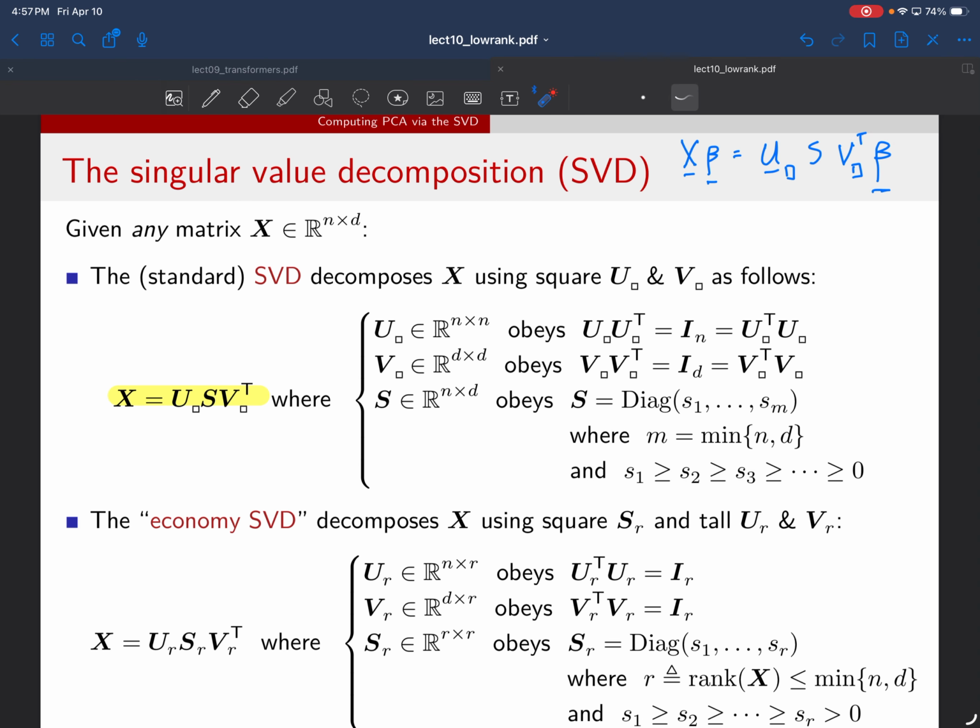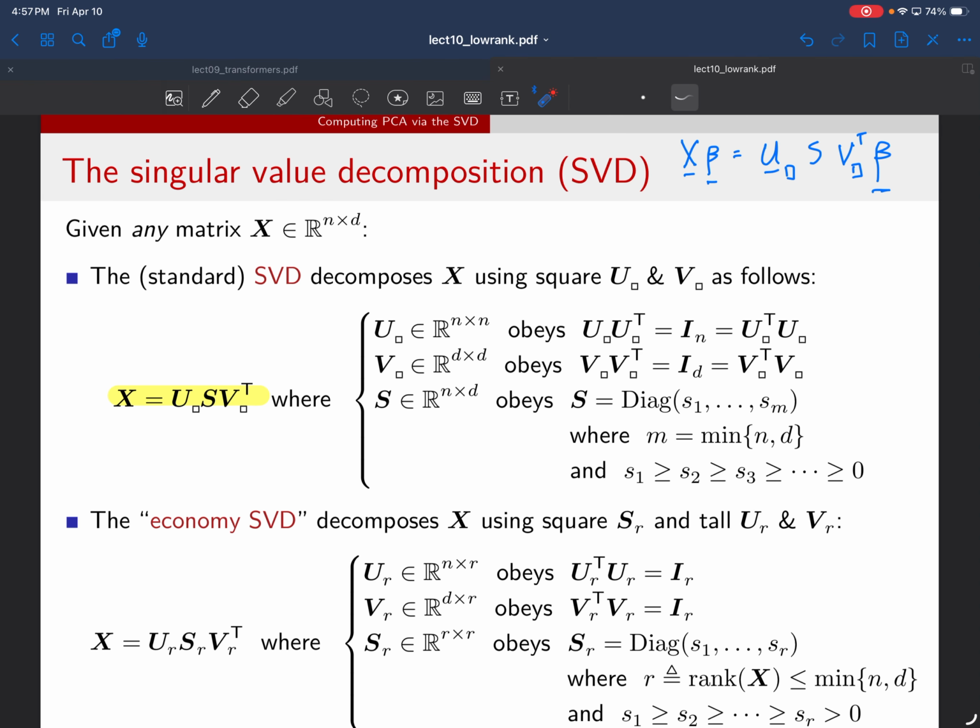An orthonormal matrix, all that does is rotate the vector. It never changes its length. So you start with beta and you rotate it. Next, you multiply it by a diagonal matrix. All that does is scale the individual coefficients because it's diagonal. And then you go through another rotation. Basically it says that any linear operation, you can think of it as 3 operations: rotation, scaling, and another rotation.